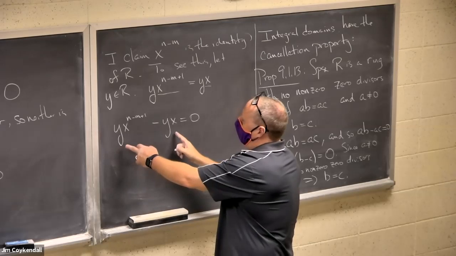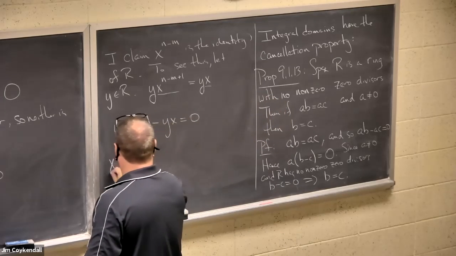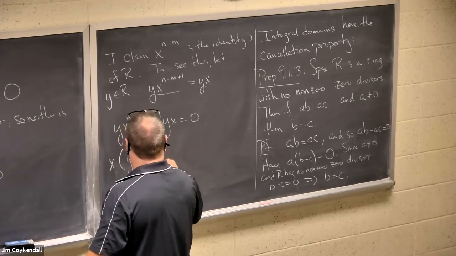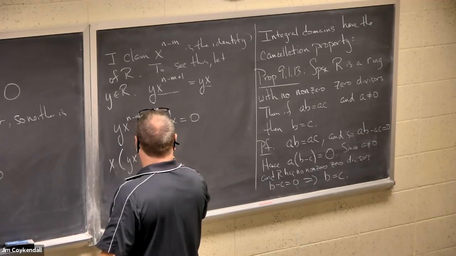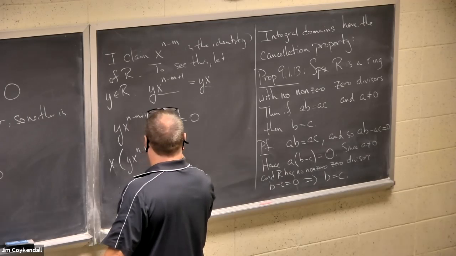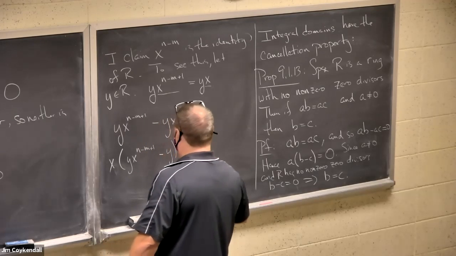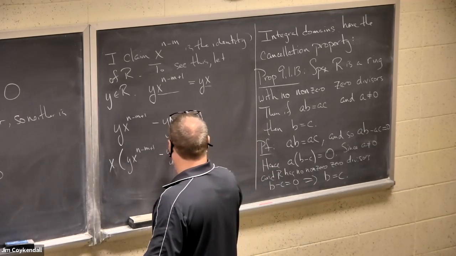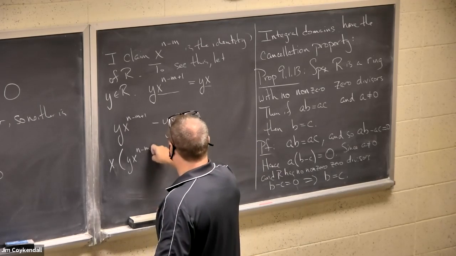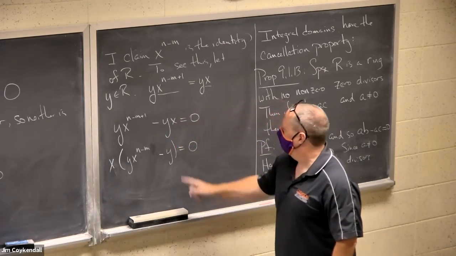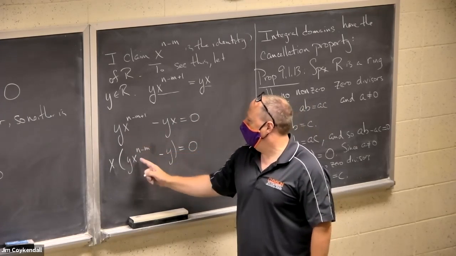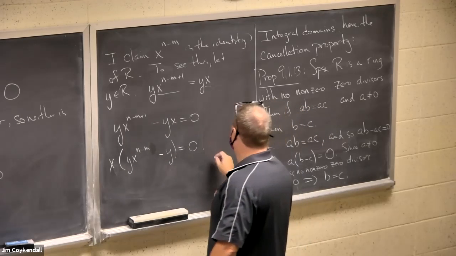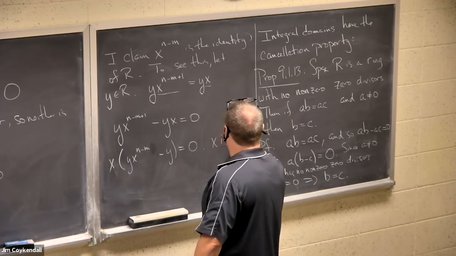Now I've got this y here, so I can pull x out. If I pull an x out, I get y x to the n minus m minus y equals 0. x is not a zero divisor.